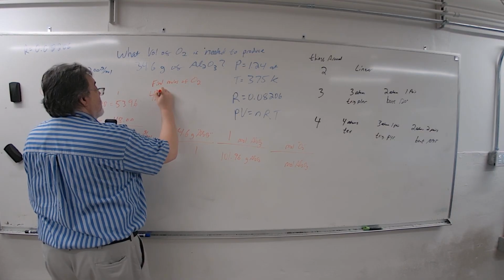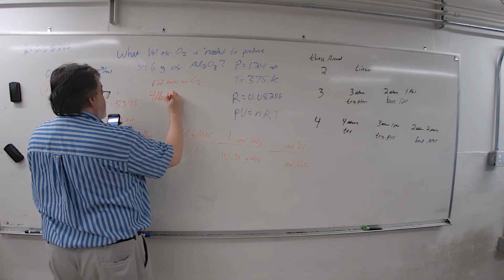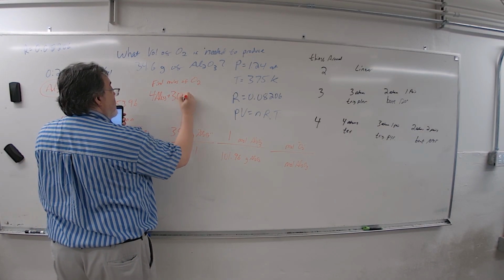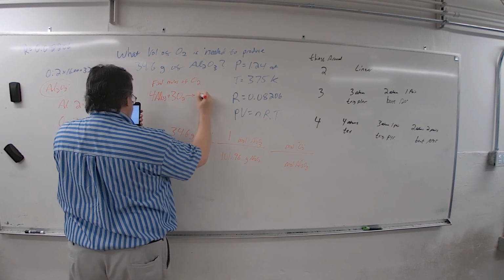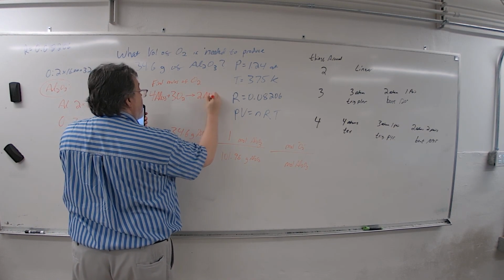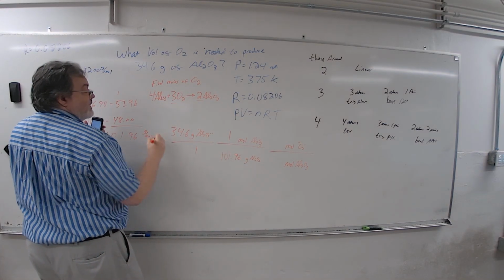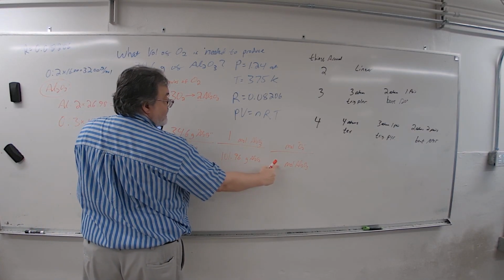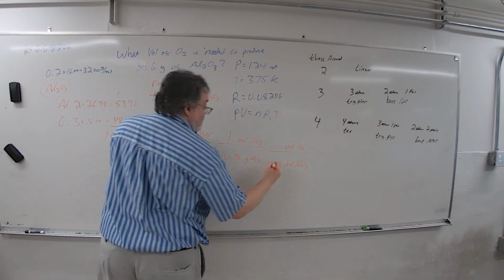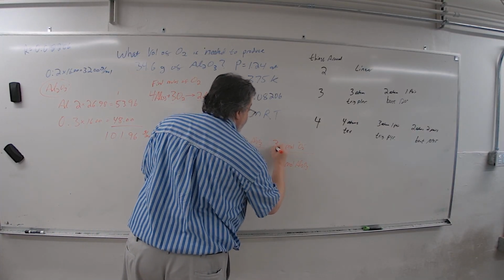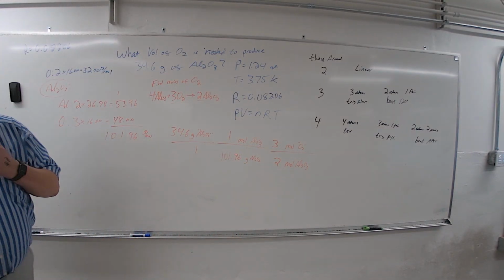We've got 4 Al plus 3 O2 makes 2 Al2O3. So it's 2 to 3, a 2 here and a 3 here. You see how I set that up?